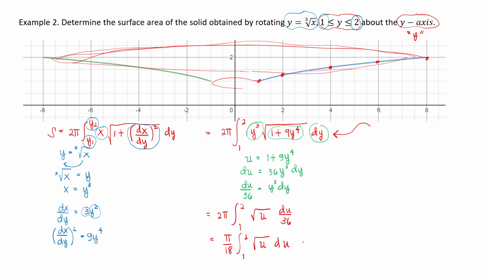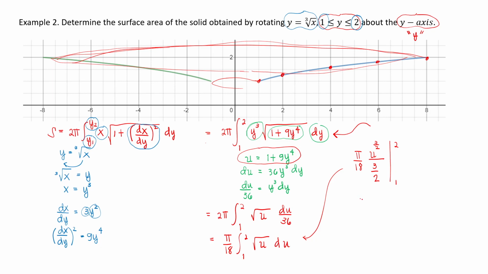At this point you can manually integrate, because we cannot plug this one in the calculator, since your u parameter is equal to this term here. So you can manually integrate first. This becomes u to the power of 3 halves all over 3 halves, since 1 half plus 1 is 3 halves. This is from 1 to 2.